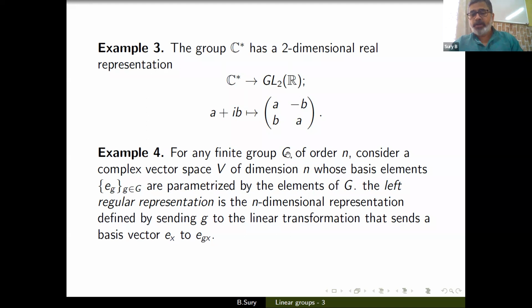Just to distinguish between the group element and the basis element, we call it e_g. So the vector space V is abstractly the vector space on these n symbols e_g1, e_g2, ..., e_gn, where g1, g2, ..., gn are the elements of G. Then what you can do is, when any element g of G multiplies on the left, that gives a representation of G on V, G to GL(V), because what is it doing? g sends e_x to e_gx. So this is actually a permutation representation. It is permuting the basis. So in fact, elements of G will now look like permutation matrices.